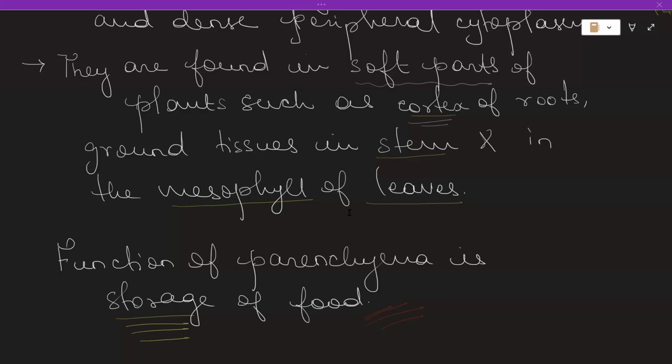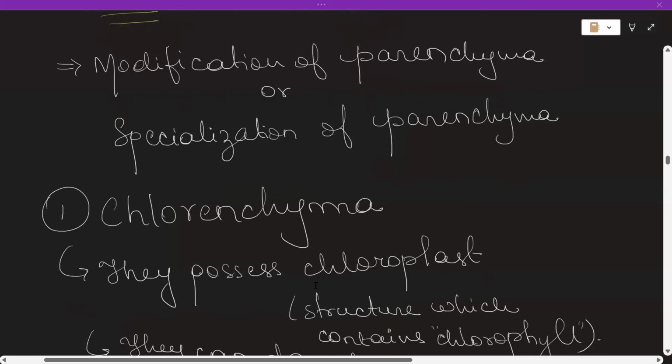So this was all there is to know as far as the parenchyma is concerned. These are the basic things about the parenchyma. But now further, the parenchyma can undergo modification, meaning that according to the need, the parenchyma can modify itself to become something else and perform a slightly different or specialized function.